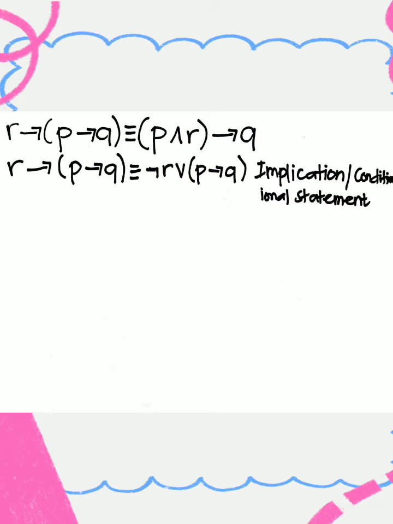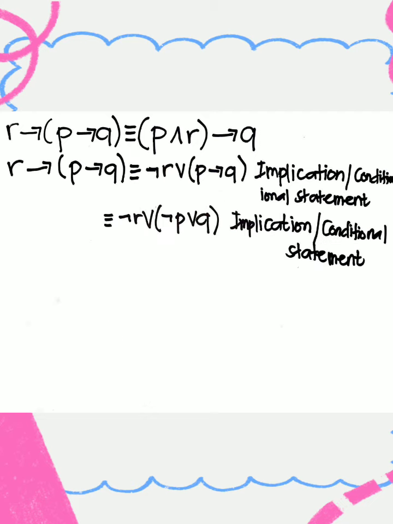Now what I am thinking at this point is the implication law, conditional statement part 5, which says the negation of (P implies Q) is equivalent to P and negate Q. So I'm going to rewrite this one according to this law, and it looks like this.